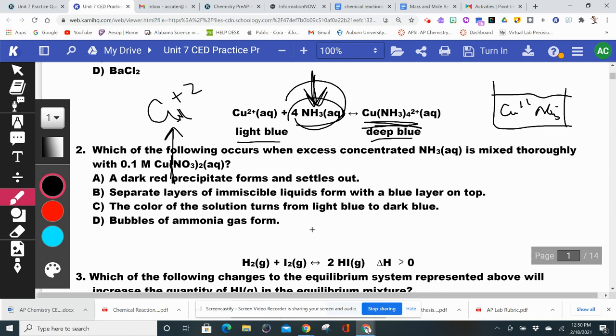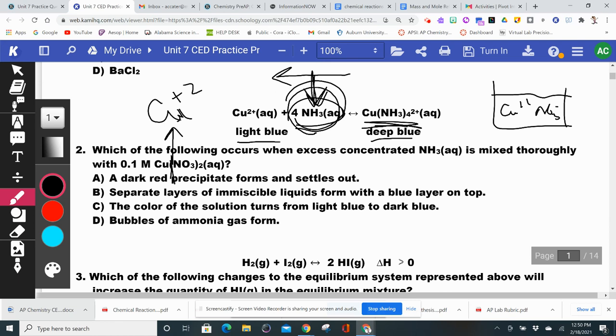Okay, so think Le Chatelier's. If we add more reactant, what happens to the reaction? Which way is it going to go? Right or left? Left. You're saying if we add more of this, the reaction is going to go back this way?